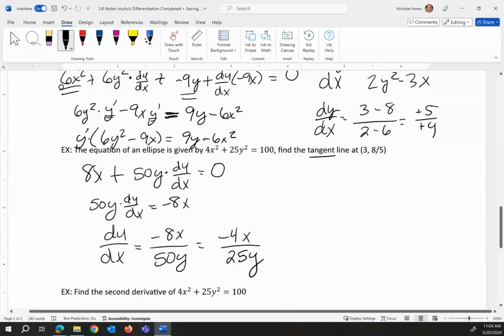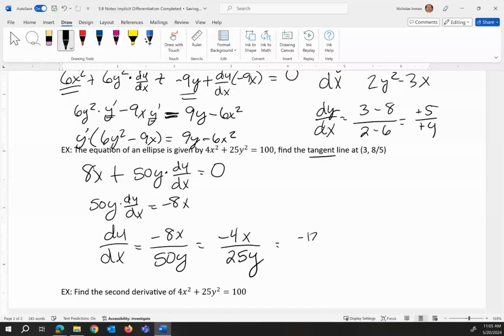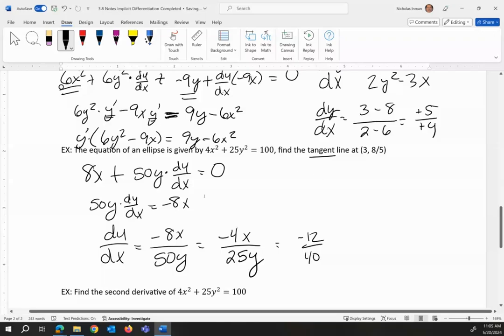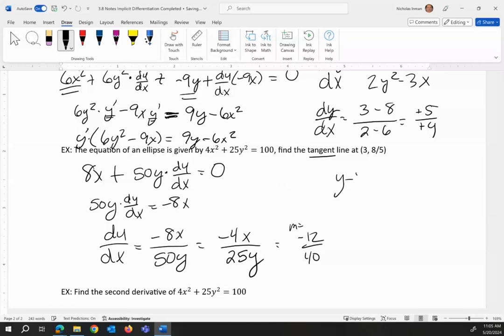All right, we can plug in 3. We can plug in 8/5. So negative 4 times 3, that's negative 12. 8/5 times 25. 25 divided by 5 is 5. 5 times 8 is 40. So we have our slope, our m there. y minus 8/5 equals negative 12/40 times x minus 3.